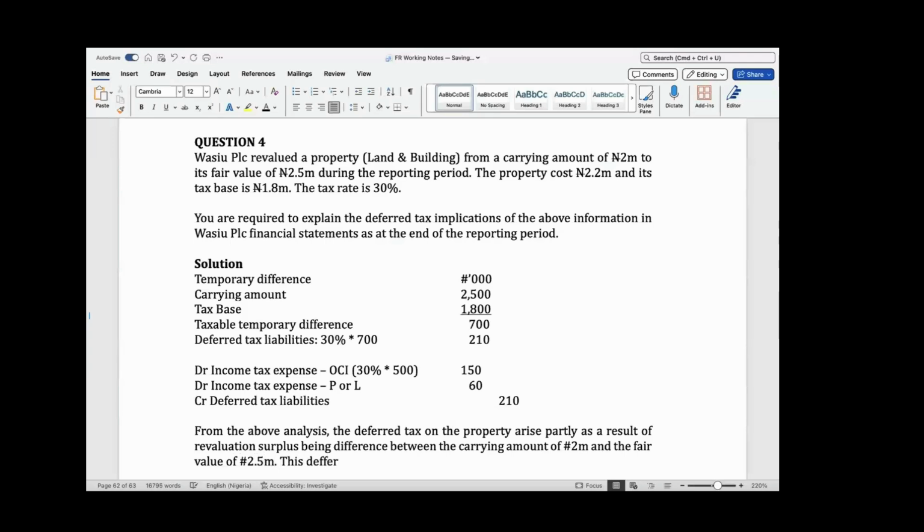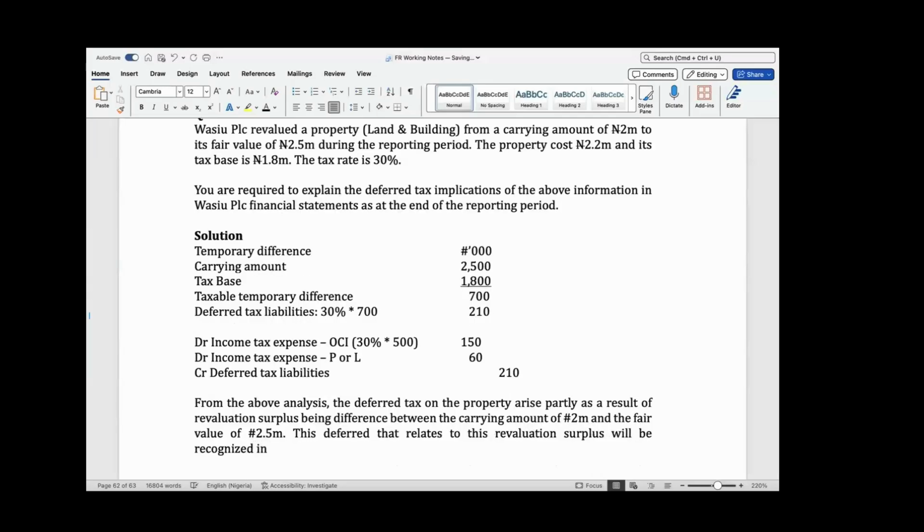The deferred tax that relates to this revaluation surplus will be recognized in other comprehensive income, while the remaining balance of the deferred tax will be recognized through SOPL.